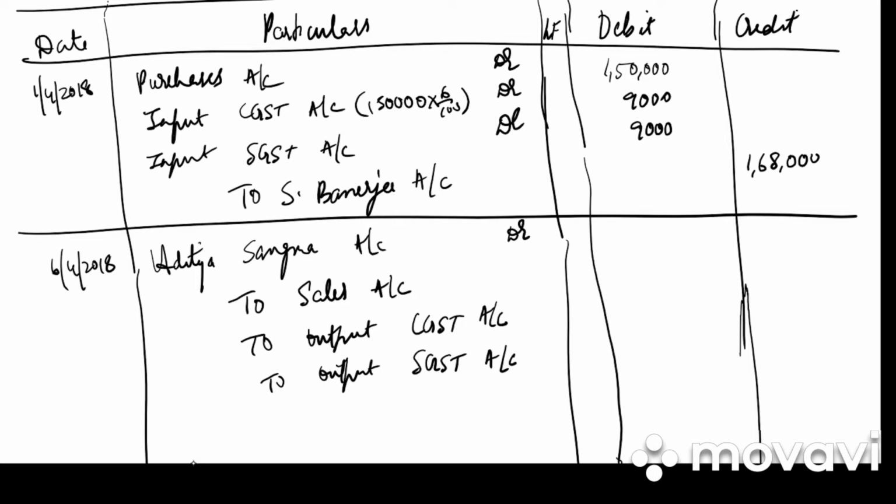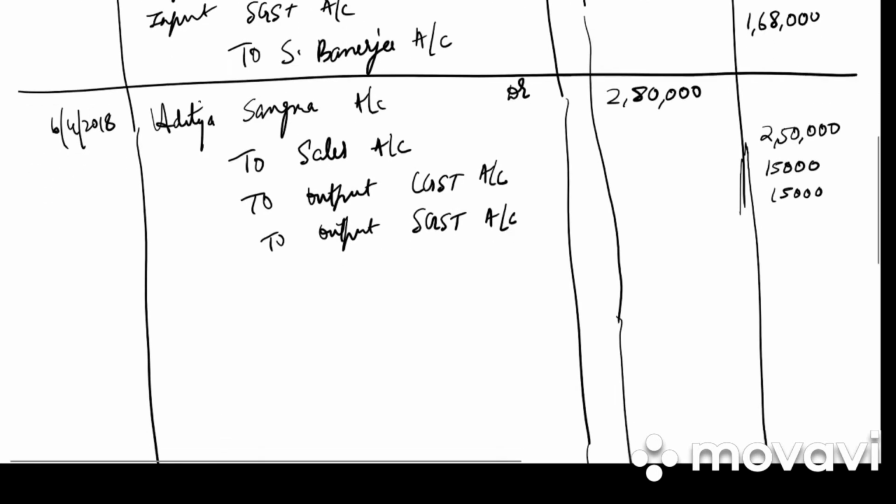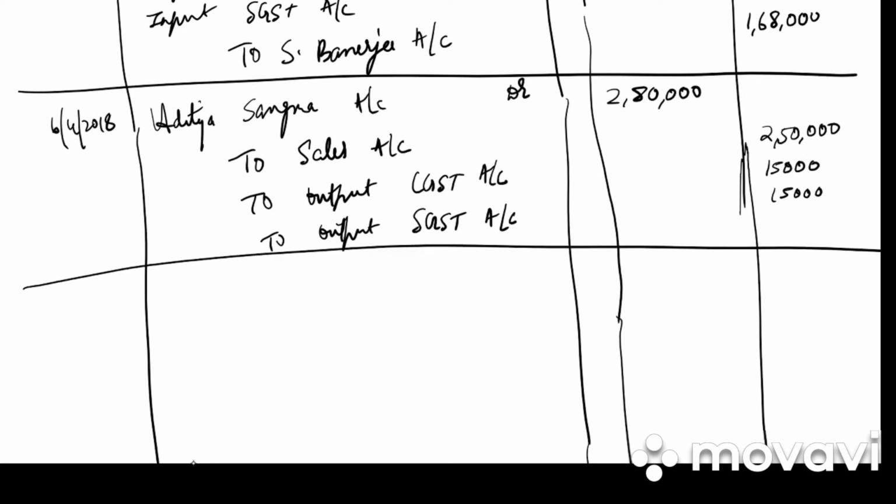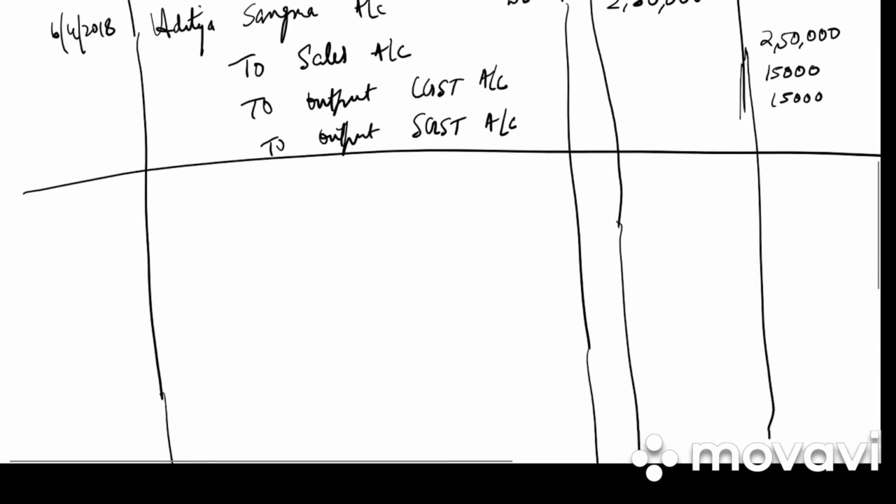So we sold for 2,50,000. 2,50,000 into 6 by 100. 15,000 is the CGST, 15,000 is SGST, and total amount of Aditya Sangma is 2,80,000. Write the narration. Sale of goods on credit.